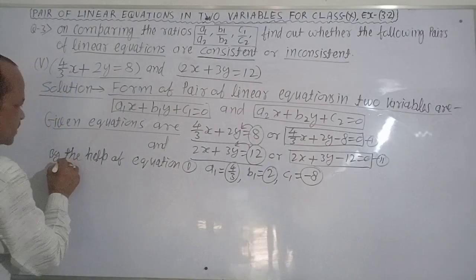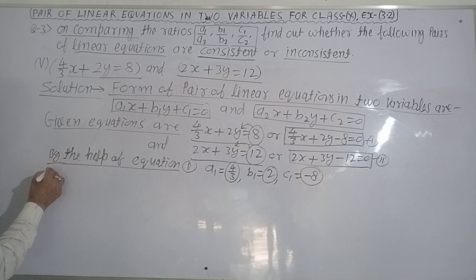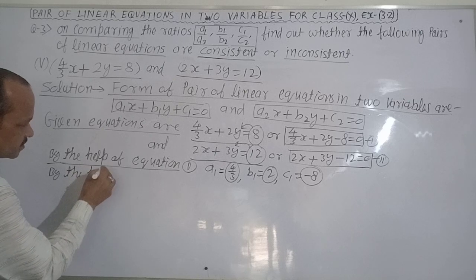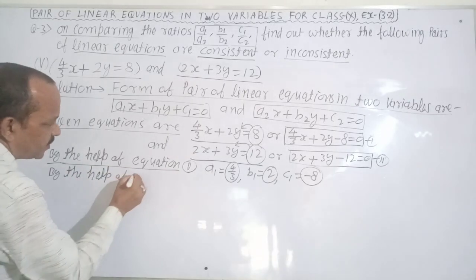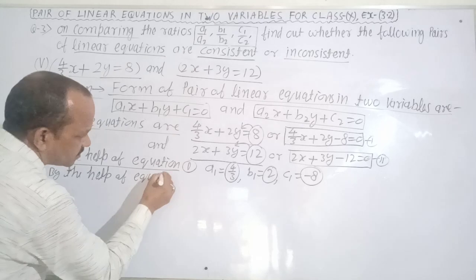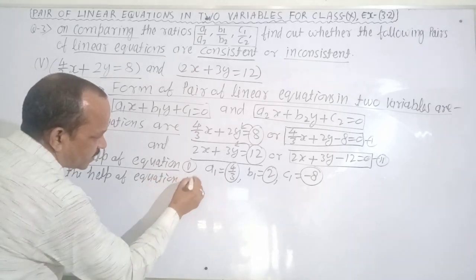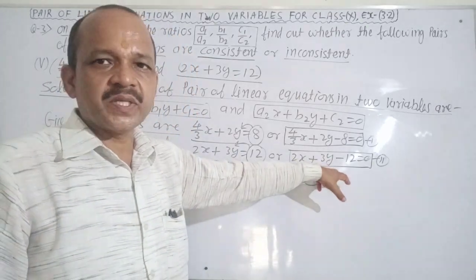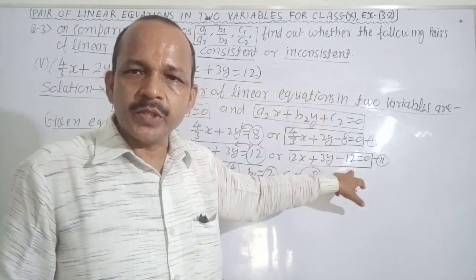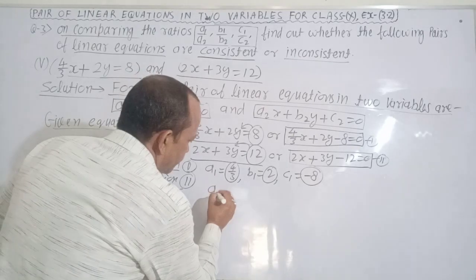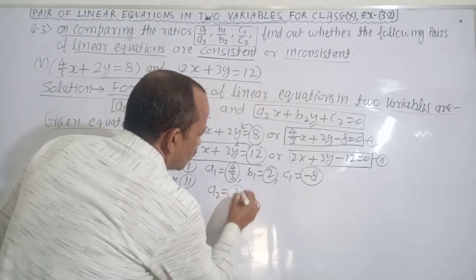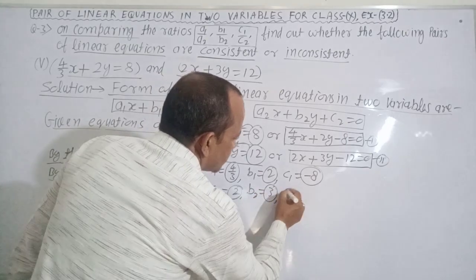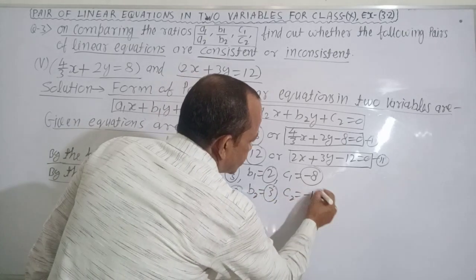By the help of equation second, a2 equal to 2, b2 equal to 3, c2 equal to minus 12.